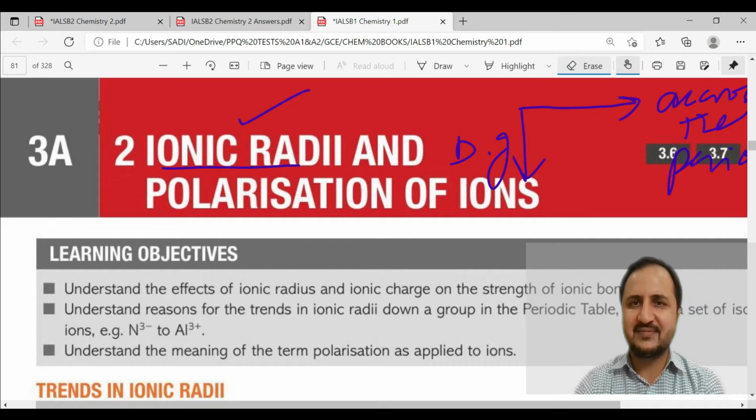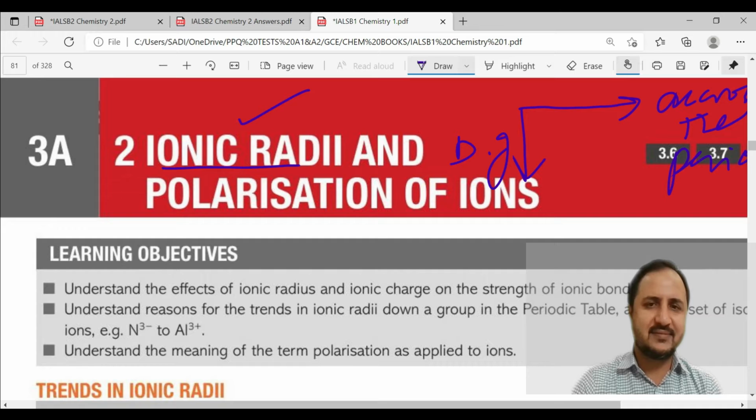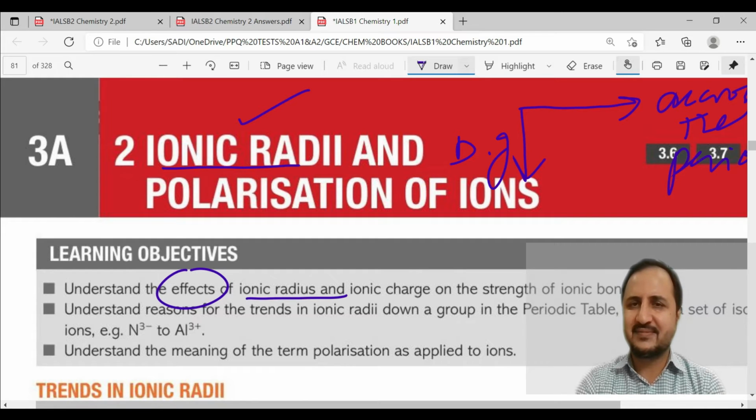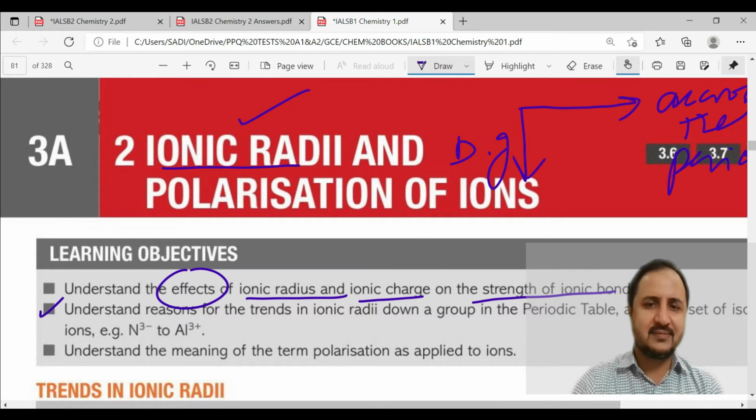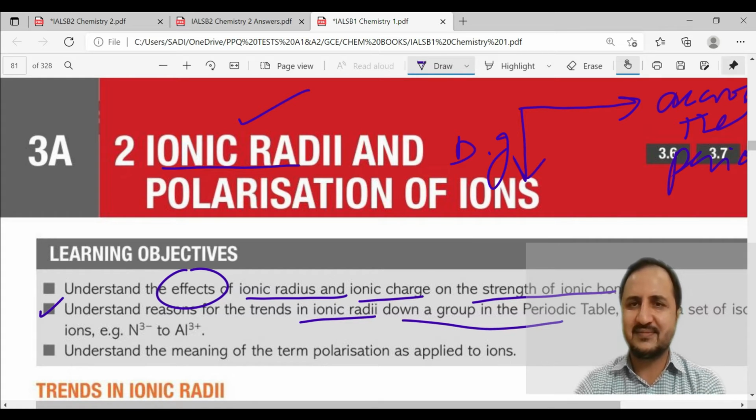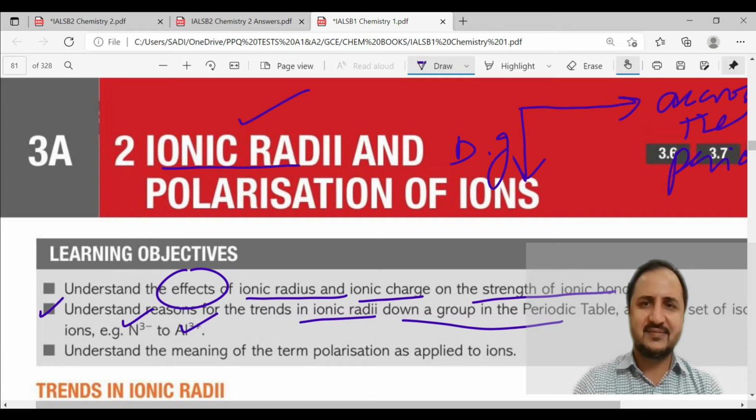So when we are moving, first of all, what are the objectives now? Understand the effect of ionic radius and ionic charge on the strength of ionic bonding. Then understand the reasons for the trends in ionic radii down the group in the periodic table, and for a set of ions like nitride ion and aluminium ion.